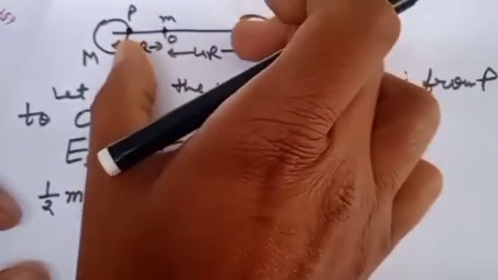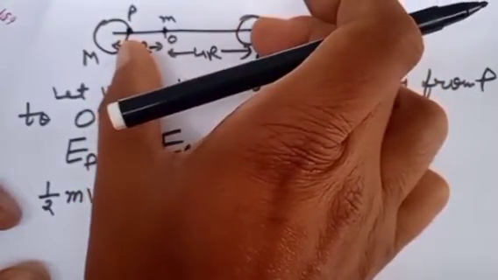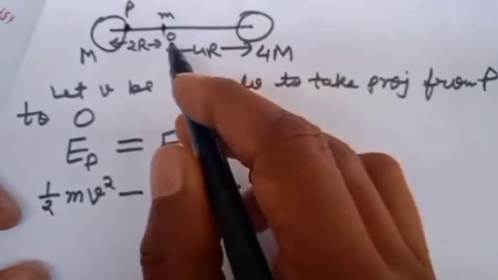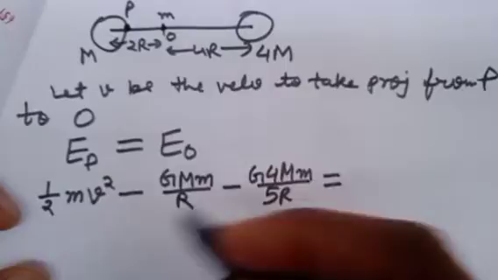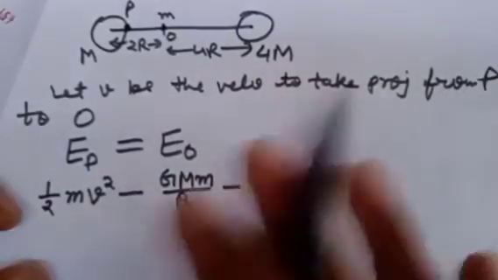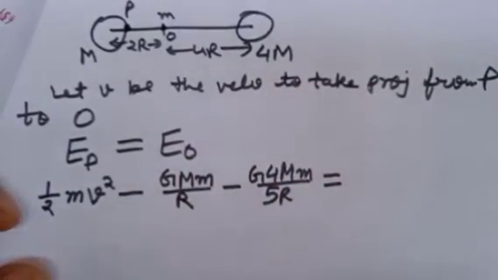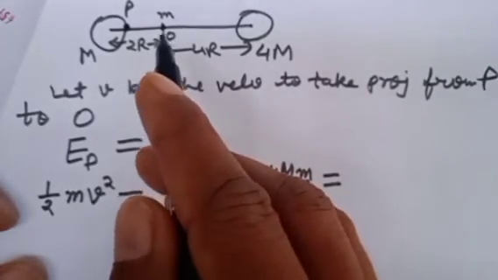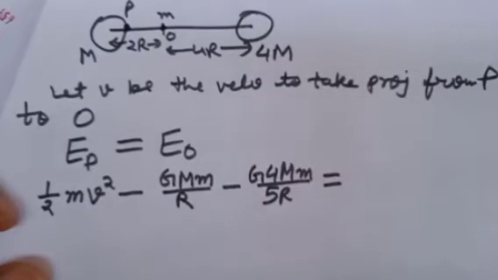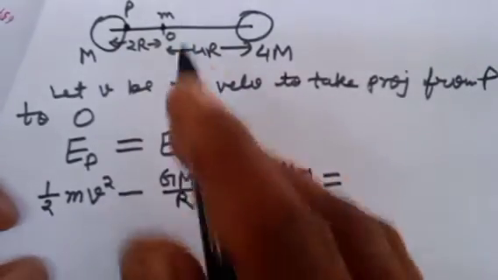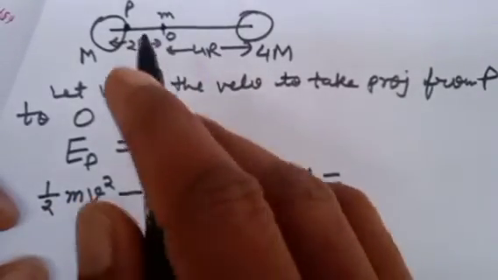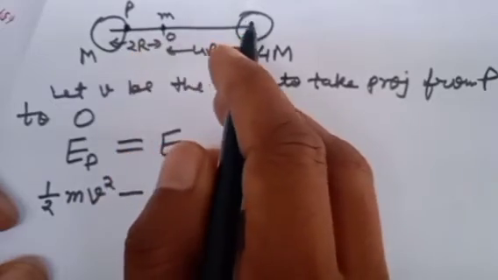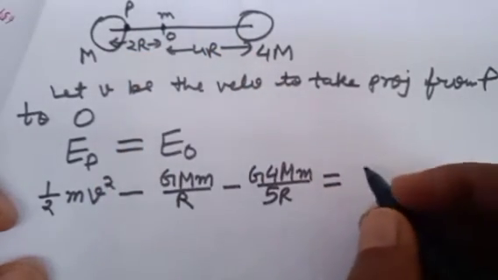This distance is 5r from the center of this, and its mass is 4m, and that will be equal to the energy when it reaches here. Then kinetic energy is exhausted. We have given it a minimum velocity so that by reaching this point its kinetic energy is exhausted. So no kinetic energy is there, but potential energy due to this planet on this and due to that planet on this is there.